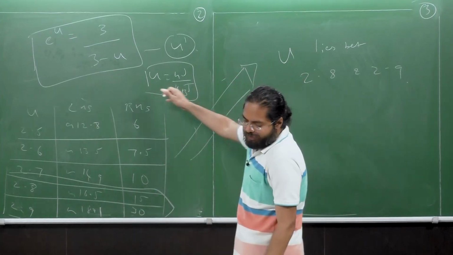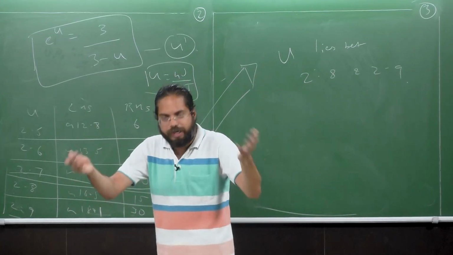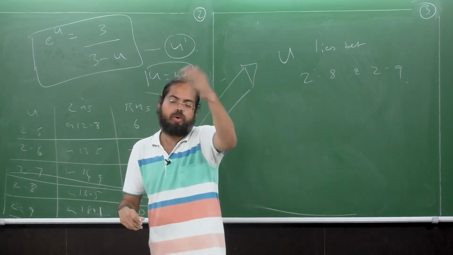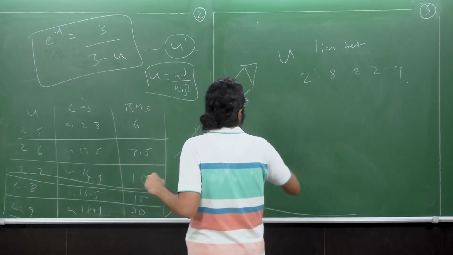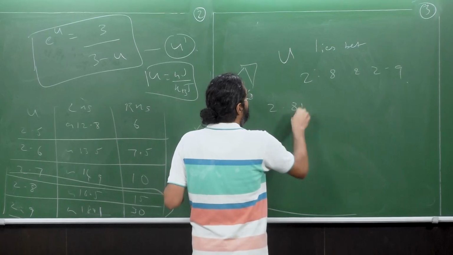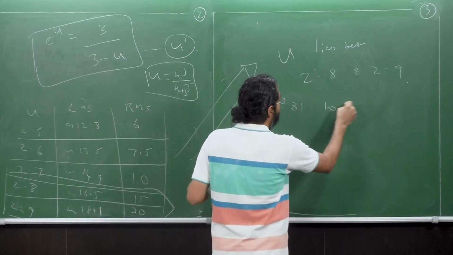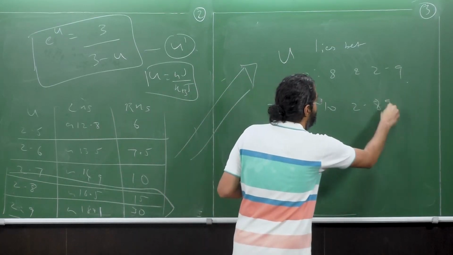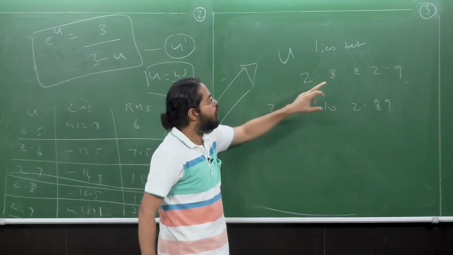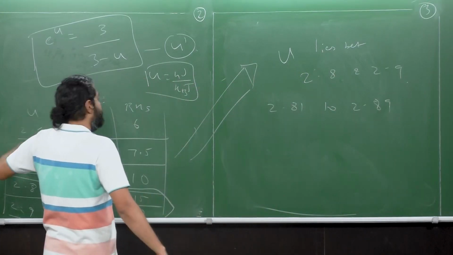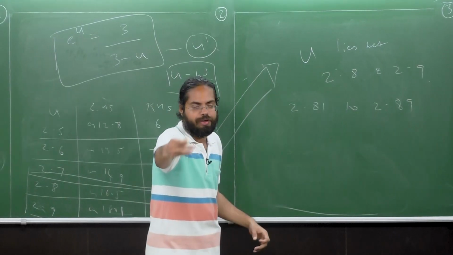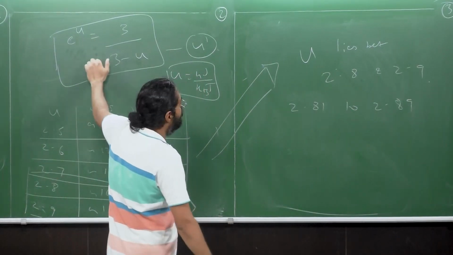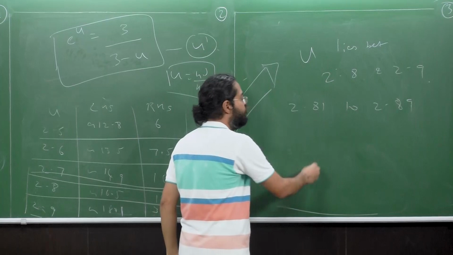Now, at this stage, I independently verified it, and you can also verify on your own. You can now try between 2.81 and 2.89, right? You should go to the next decimal point. Once we saw it was from 2 to 3, we rechecked there, and as it turns out, you will get the best correlation.